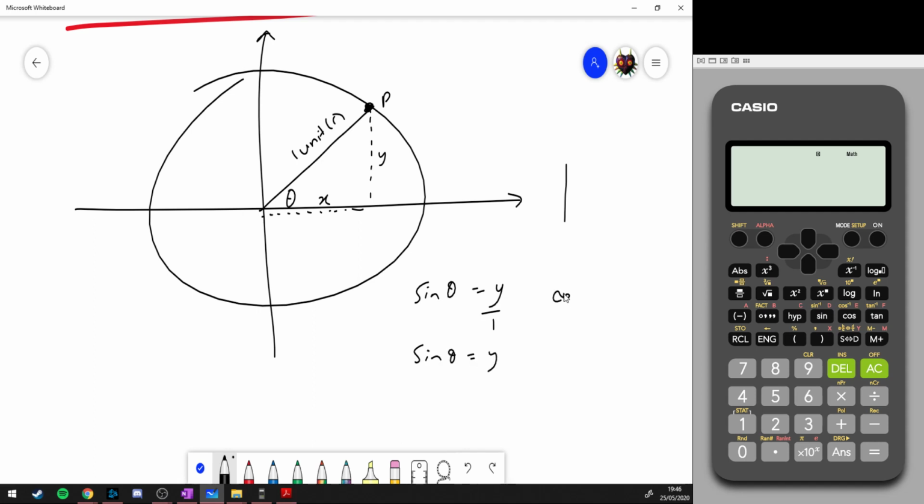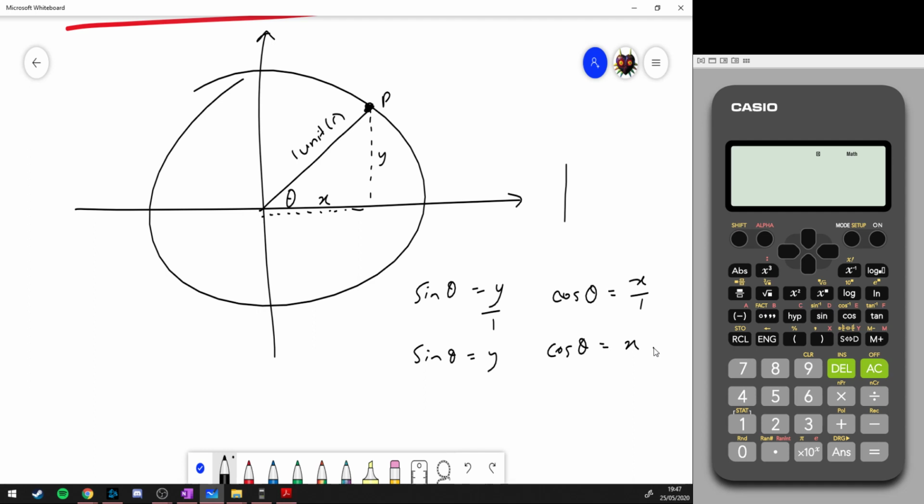And cos theta is equal to x over 1, or cos theta is just equal to x. Okay, so using these two, y and x are equal to sine theta and cos theta. So we're relating y and x by the angle which my radius makes with the circle.